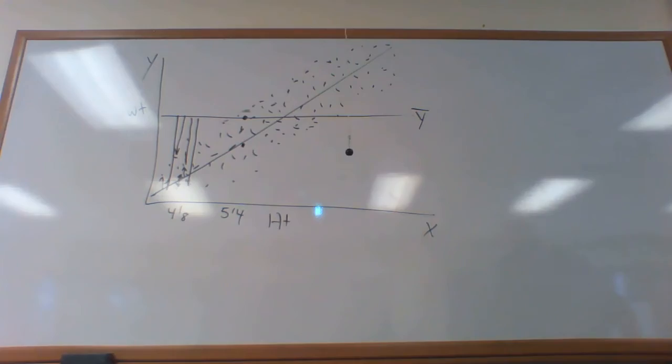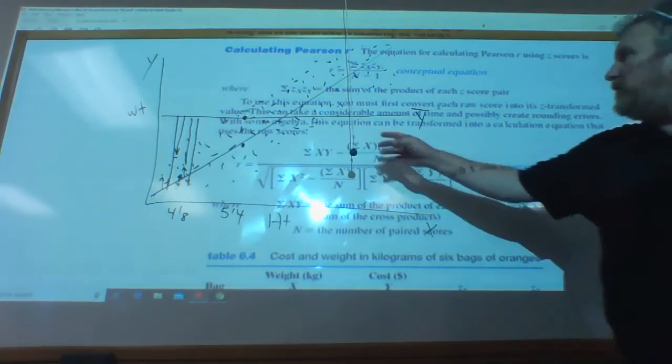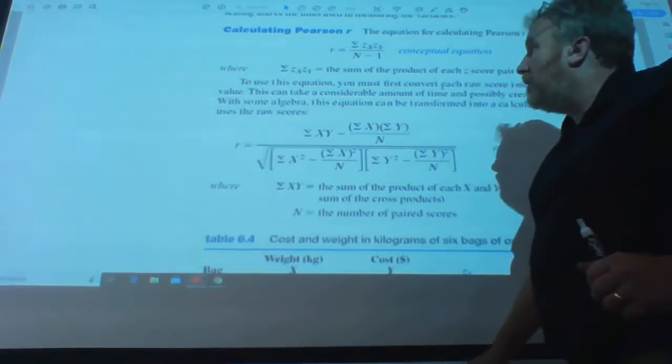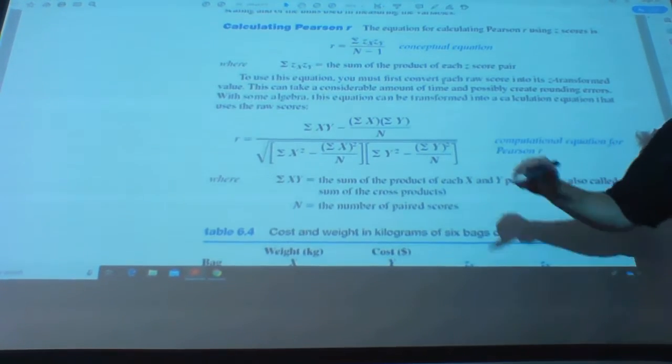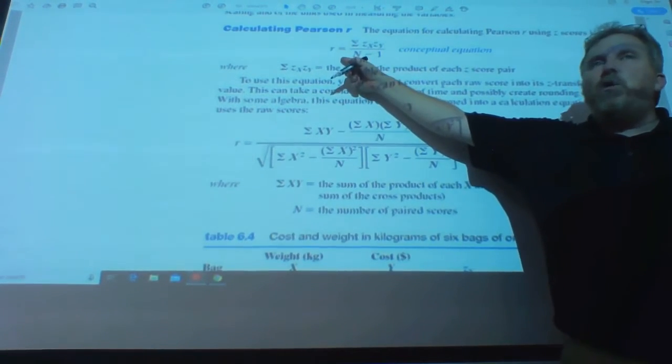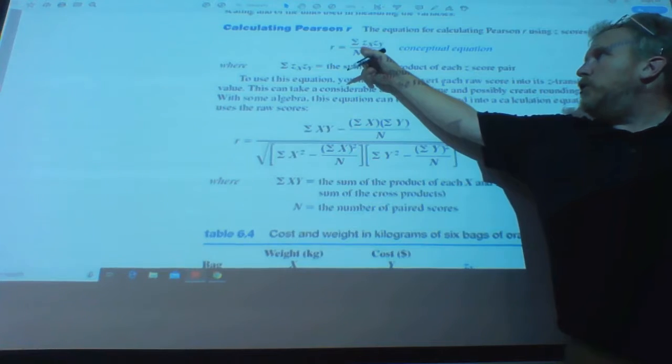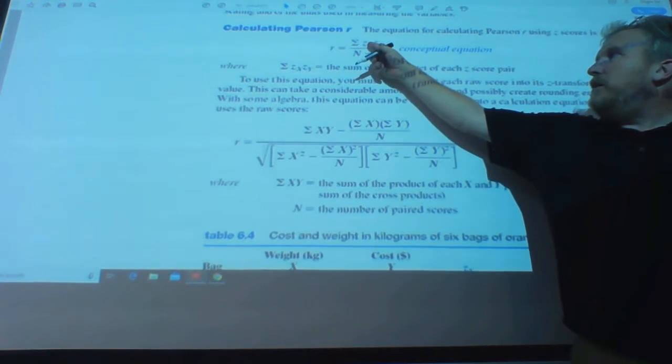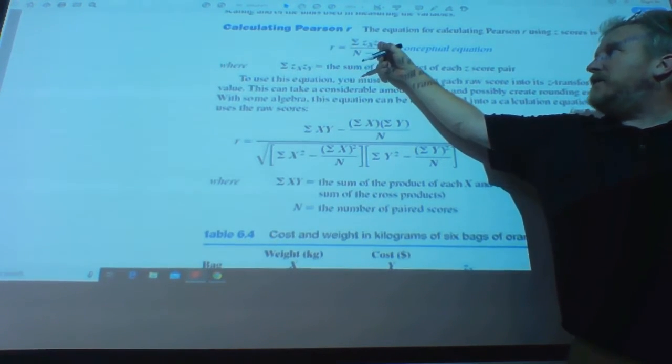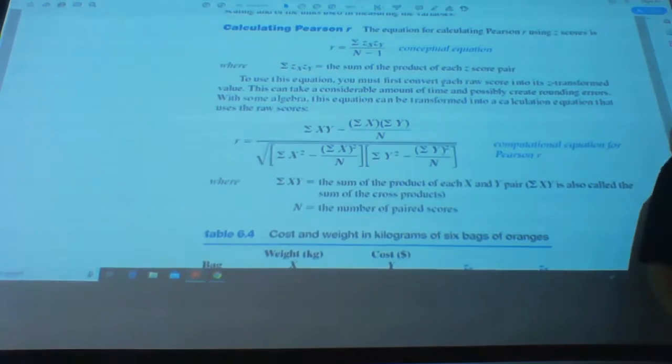the conceptual equation for z-scores says the correlation coefficient is equal to adding the z-score for x times the z-score of y, dividing by n minus 1.